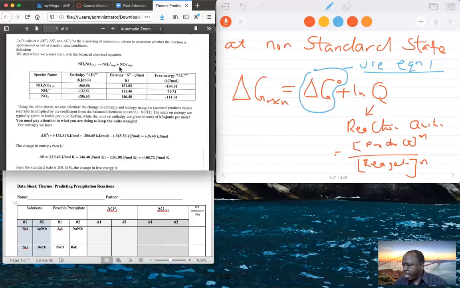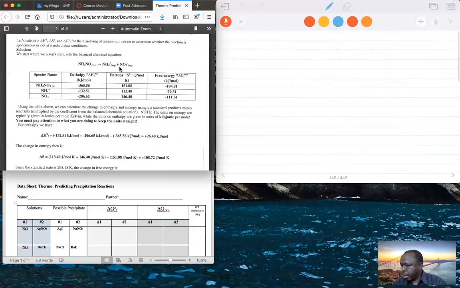The solubility product, let me give you our equation here to understand what is going on. We talked about it last time, remember? Silver chloride doesn't even want to go to product.